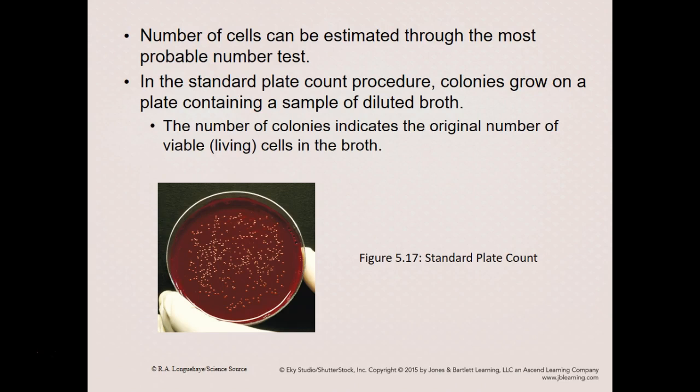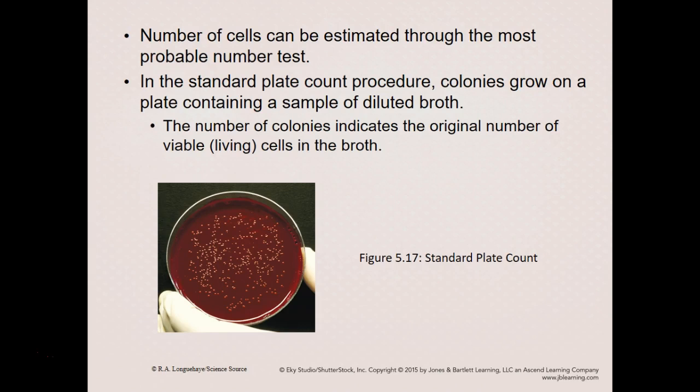We then dilute it further into more broth and more broth, so that we're diluting it multiple times. We start with a tube of 9 milliliters of broth, take 1 milliliter out and put it into the first tube. We mix it up and we take 1 milliliter of that out and put it into another tube of 9 milliliters of broth, and we just keep diluting it further and further.